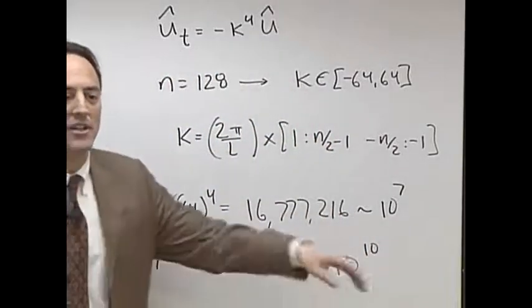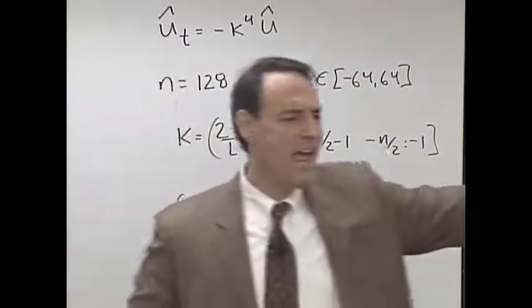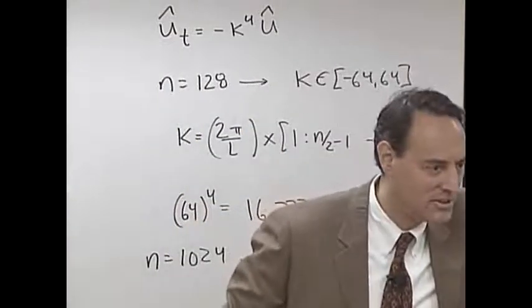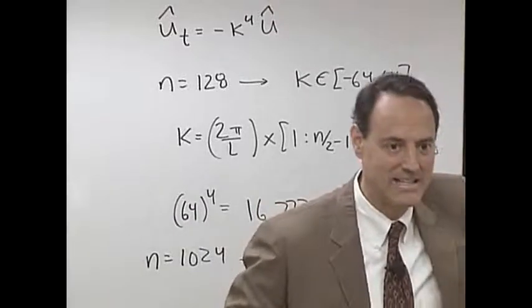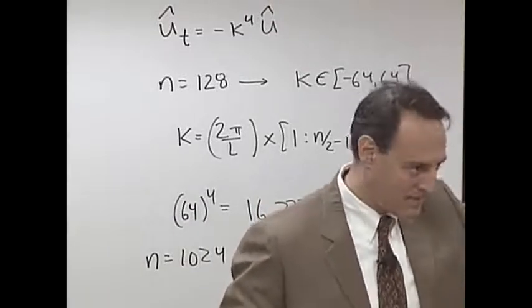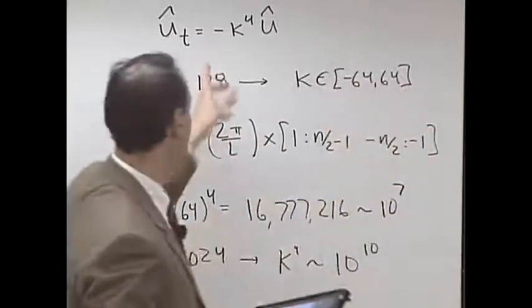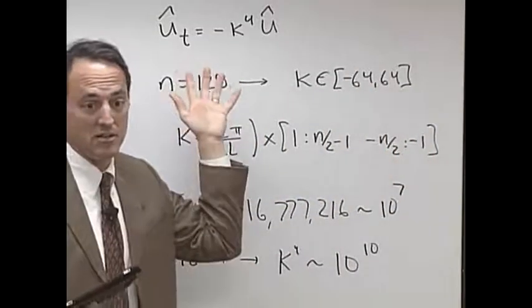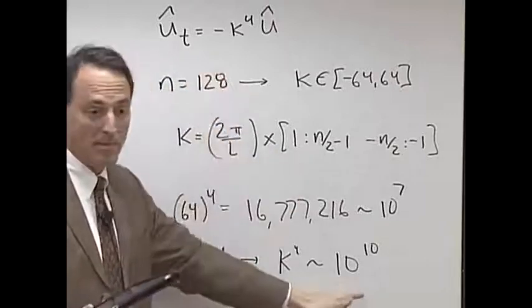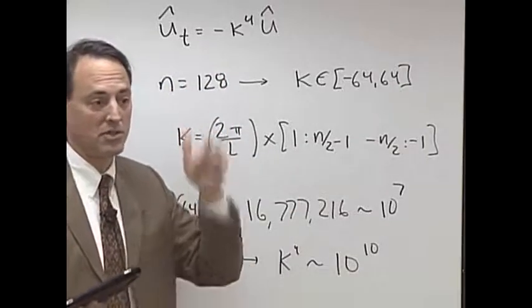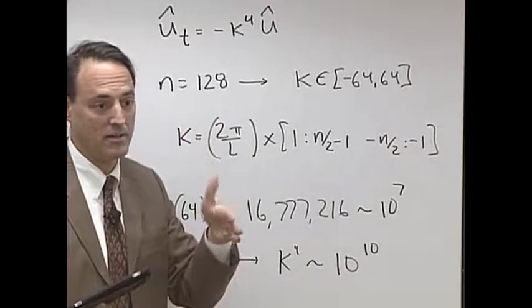So your high frequencies way out there that are almost 0, you're multiplying those numbers by 10 to the 10. That's the problem with numerical stiffness. And by the way, the smallest any number is going to be is 10 to the minus 16, and now you're multiplying by huge numbers. This makes your code take much smaller delta t's. That is the cost you have to pay.